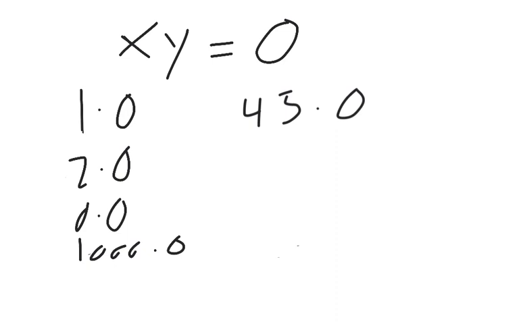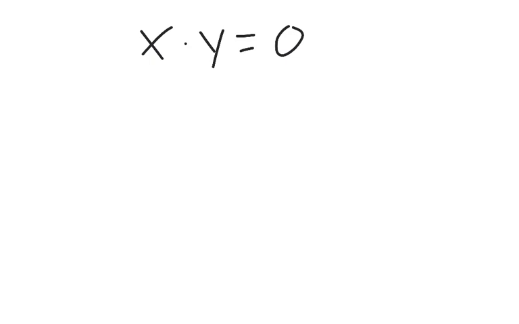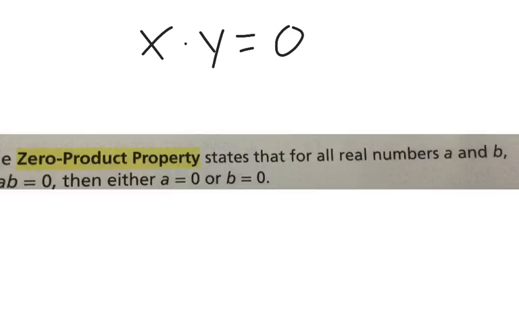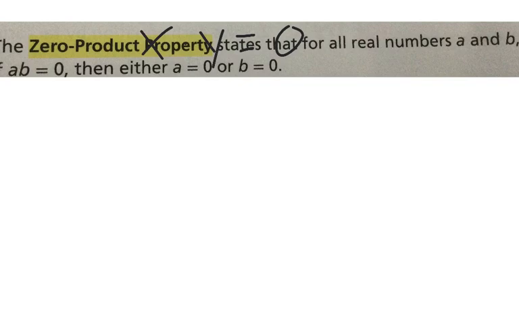Do you follow that logic? Do you see where that thought comes from? That brings me to the zero product property. That says, for all real numbers A and B, if you multiply A and B together and get an answer of 0, then either A is 0 or B is 0.